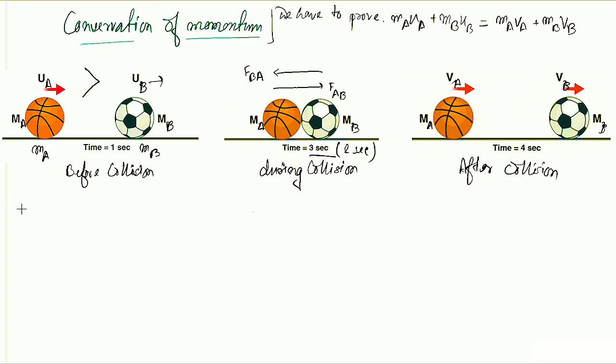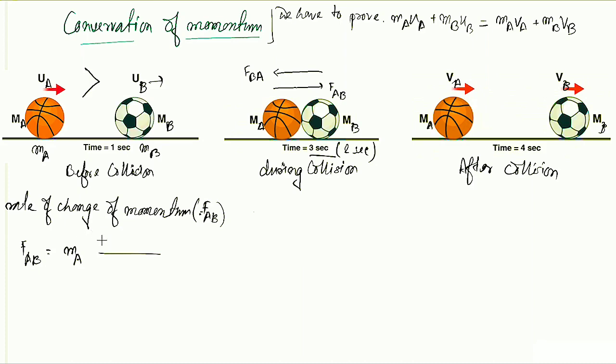Write it as rate of change of momentum, represented by F of AB, because the rate of change of momentum is represented by force, and here ball A gives a force on B. So F of AB equals MA, what is the final velocity? VA, minus the initial velocity UA, what is the time? T. This is the relation.